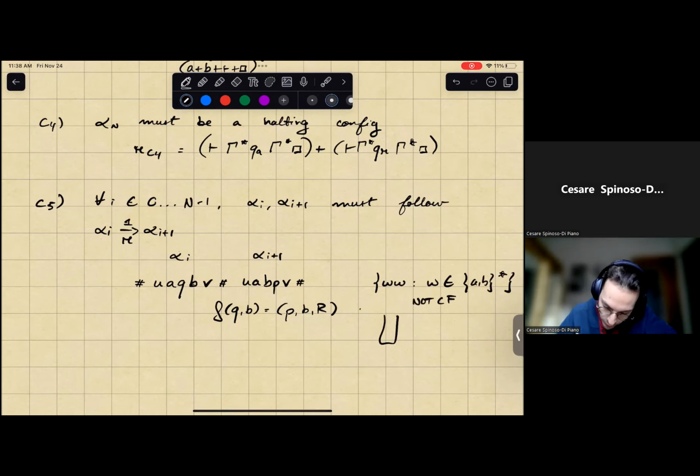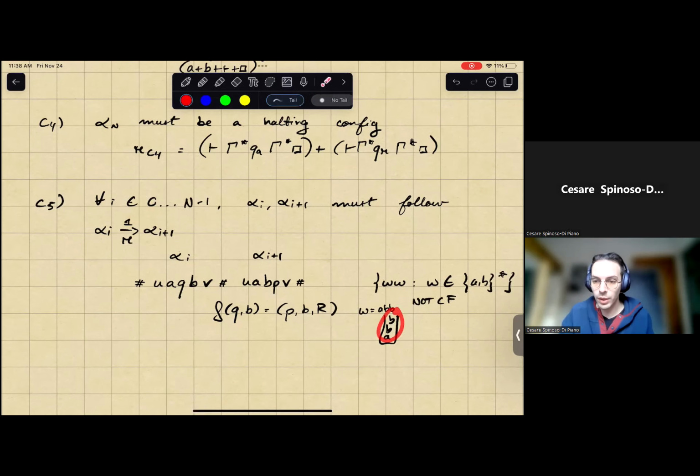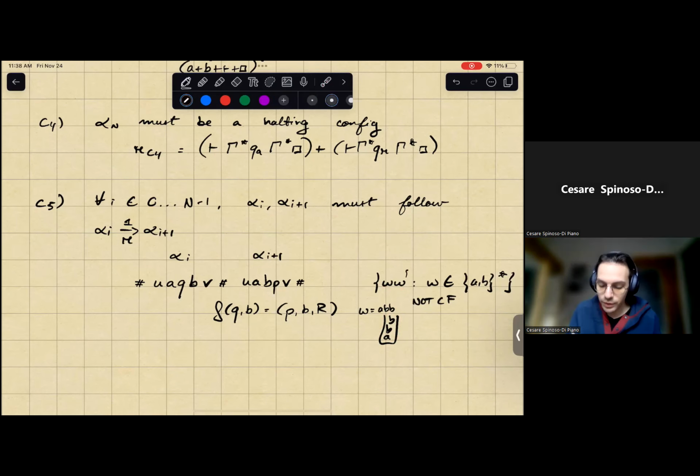So if W is ABB, well, you push ABB onto the stack. Well, now there's no way for you to recover W because you've pushed in last in, first out. So what you've done effectively is you've reversed a string, right? So now if you want to pop such that you match this W with this W, you're actually matching the reverse, right? And so that's why W W reverse is context-free, but WW is not.